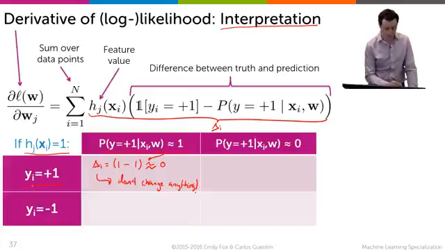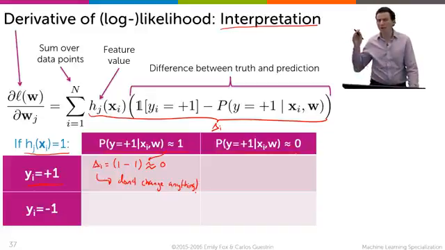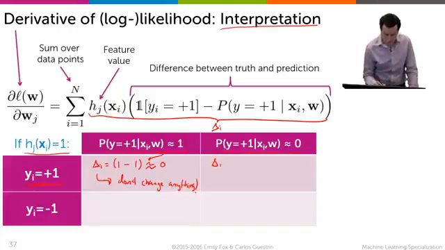But let's see what happens if you're getting it completely wrong. So this is the second case where it's a positive training example, but the probability that y equals plus 1 is approximately 0. We're getting this training example totally wrong. In this case, delta i is the difference between the indicator, which has value 1, and the predicted probability, which has value 0, and so it's approximately 1.